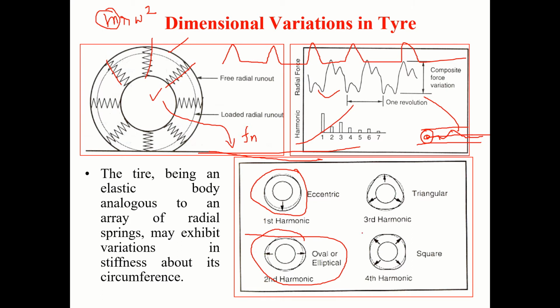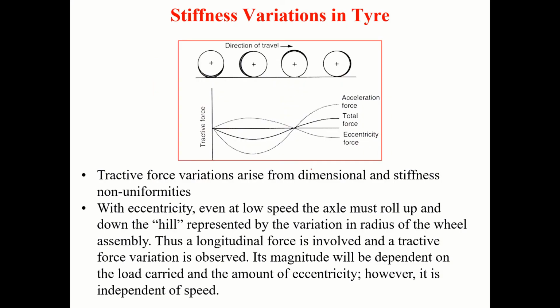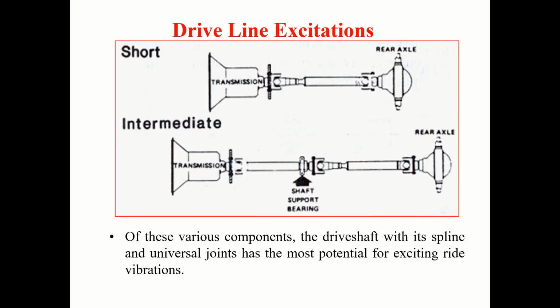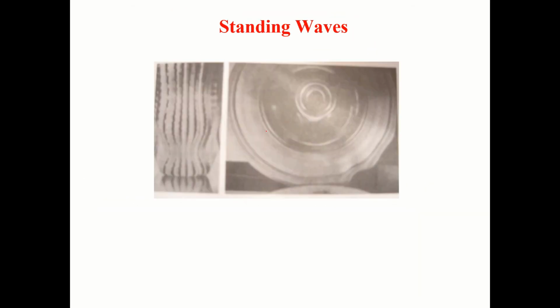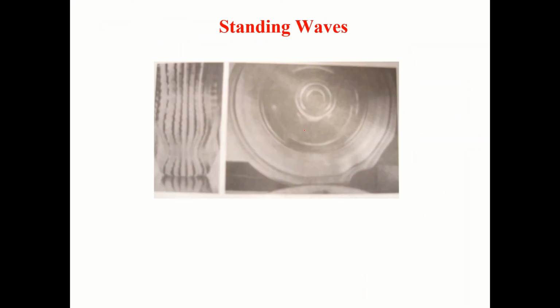Now imagine what can happen at the third harmonic, fourth harmonic. Like this, a number of excitation forces will start getting into it. When it starts resonating, even the wheel takes the shape like this, standing waves. So I told you about the stiffness variation, and all these can be modeled, so we can find out how exactly the variation happens.